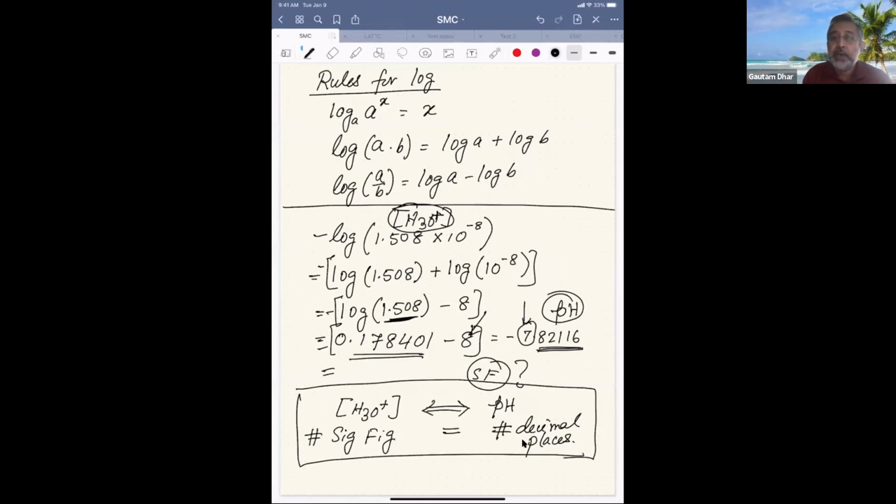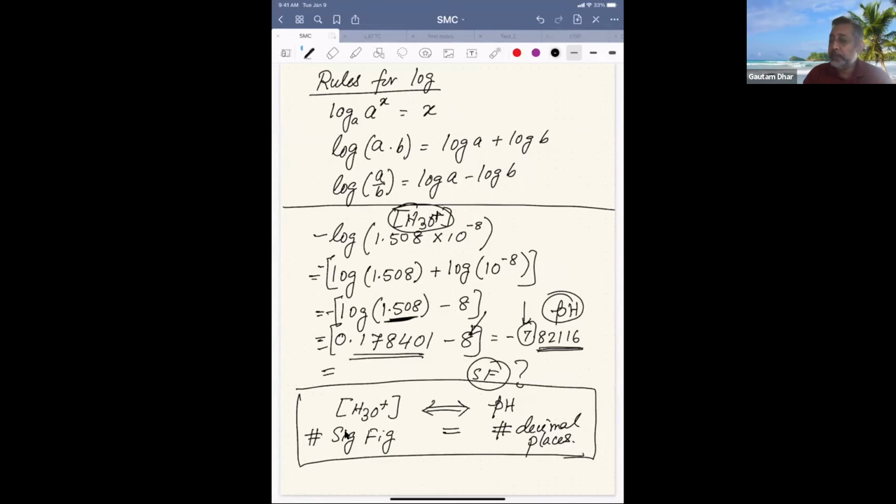So just remember it like that, and this is how you can explain it. So if you look at this box here, this is basically the summary. When you go from H3O plus to pH, the number of sigfigs is equal to the number of decimal places. If you do the reverse, then the number of decimal places will be the number of sigfigs.